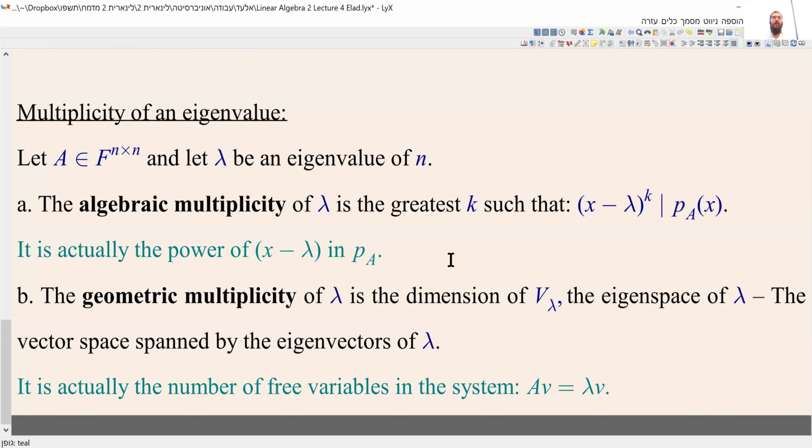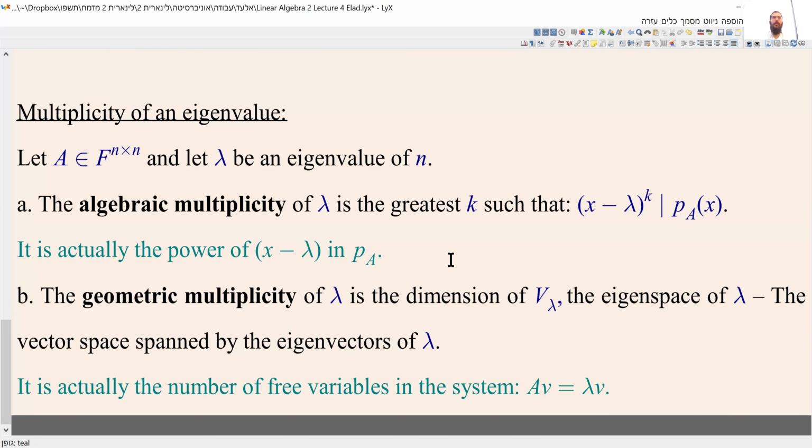Finally, the characteristic polynomial of A is x squared times x minus 15, which can be written down as x minus 0 to the power of 2 multiplied by x minus 15 to the power of 1.